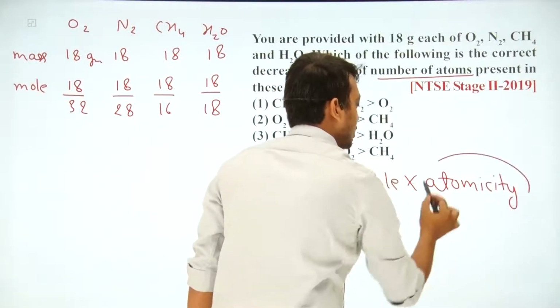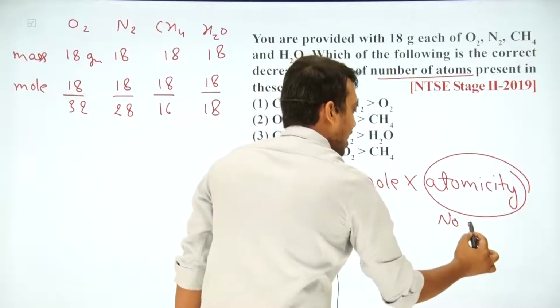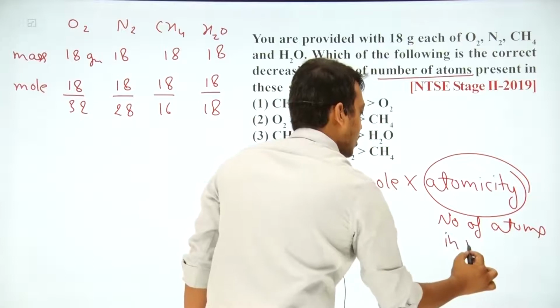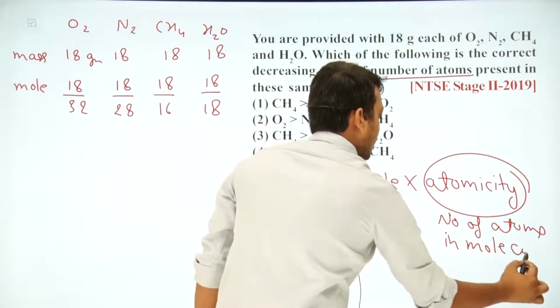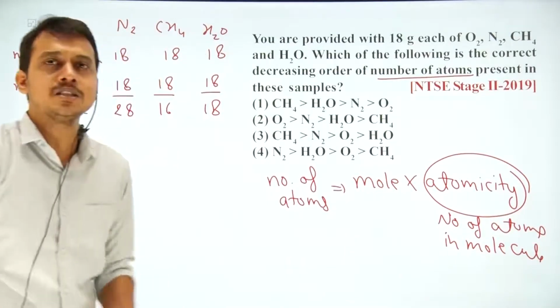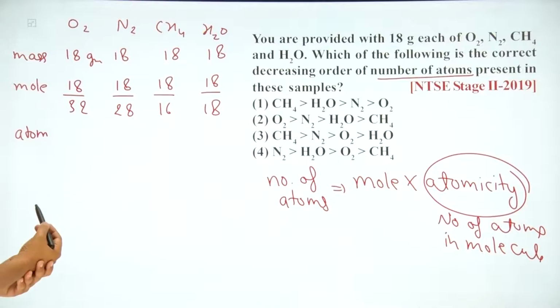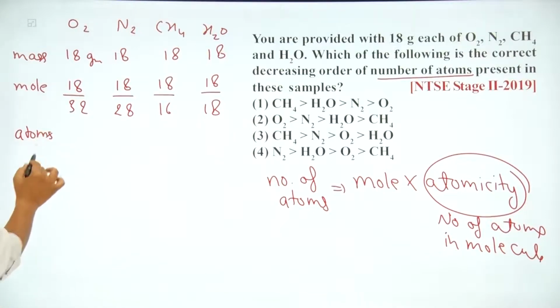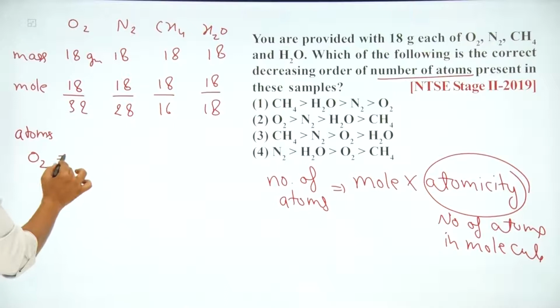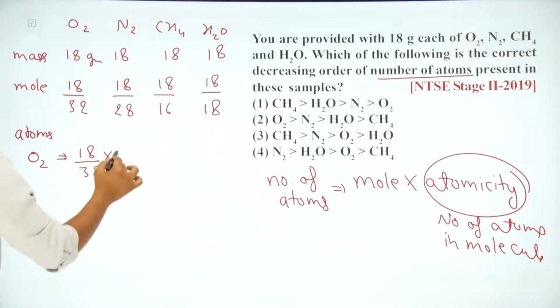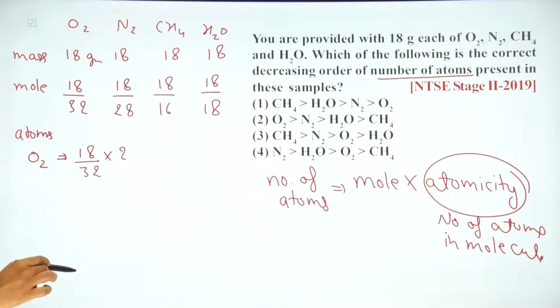What is the meaning of atomicity? Number of atoms present in a molecule is called its atomicity. So for oxygen it is 18 upon 32 into 2, because one O2 molecule contains 2 atoms.